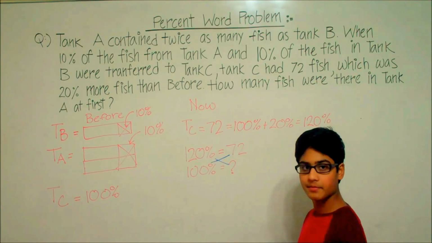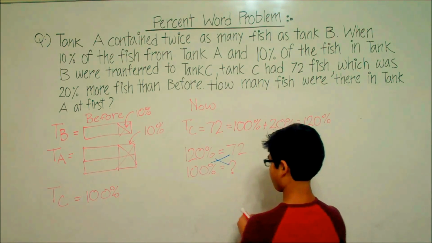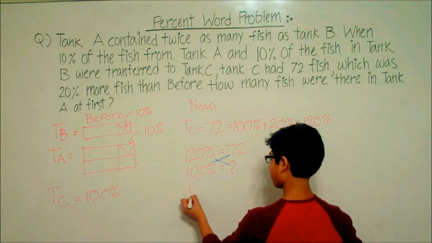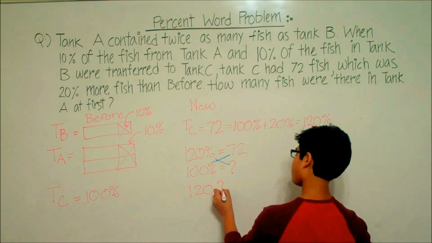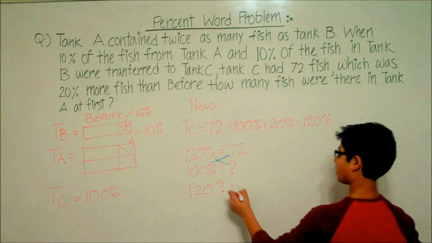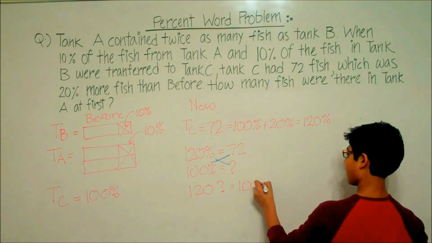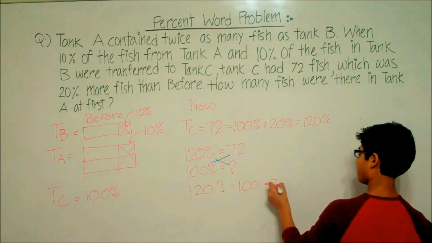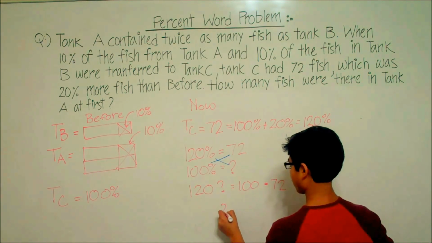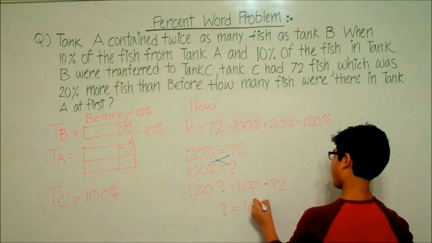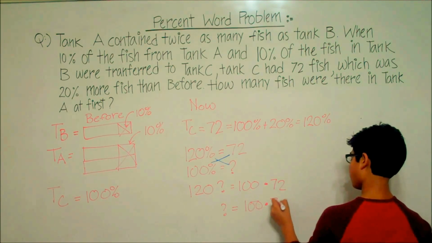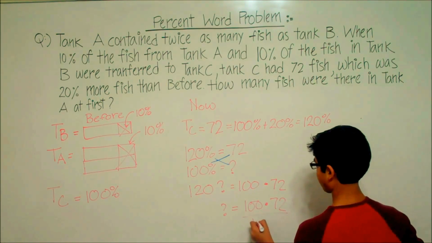So we get 120 times the question mark is equal to 100% times 72. So the question mark is equal to 100 times 72 over 120.